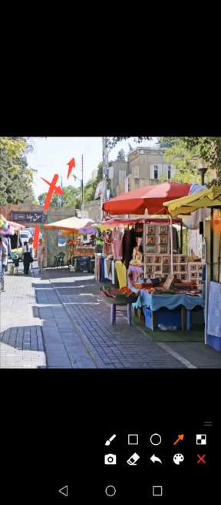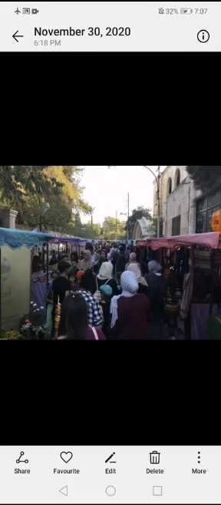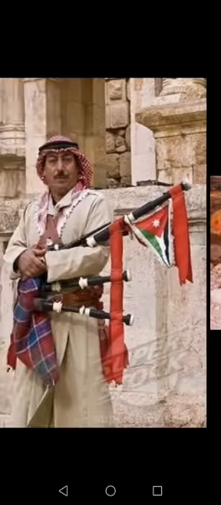There is a lot of handcrafts and handmade things and a lot of beautiful things. I think this photo is from before COVID-19. Look, there is a lot of people and there is no mask.